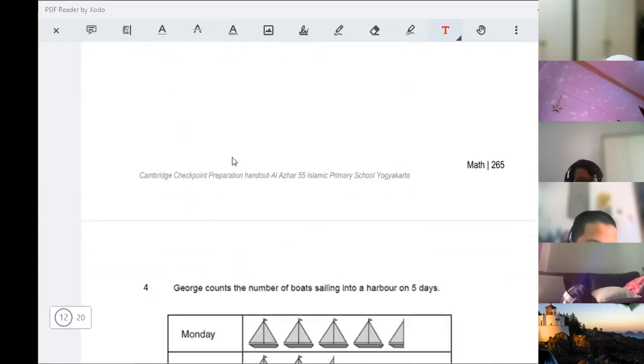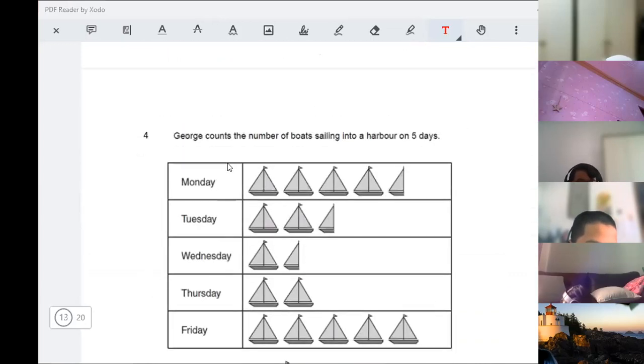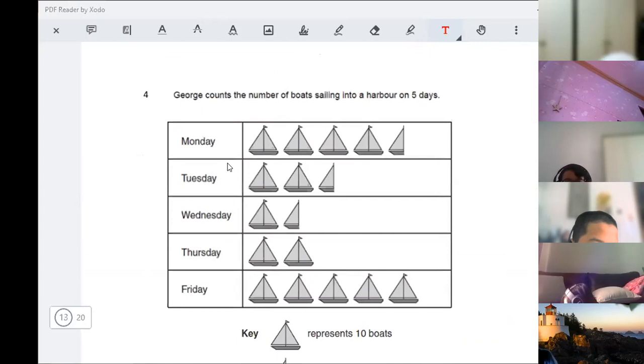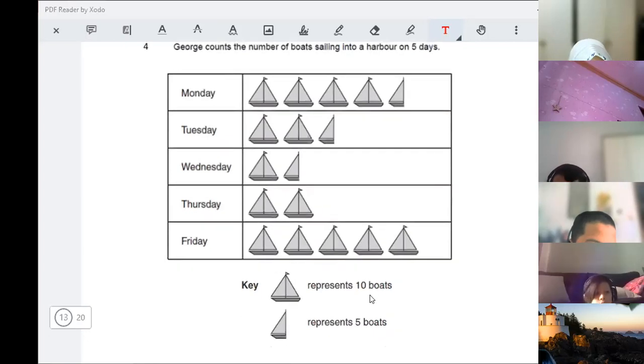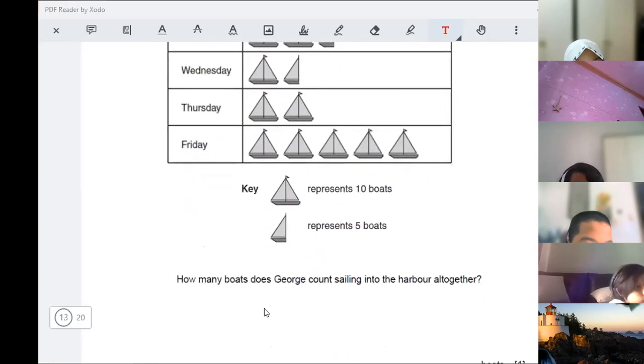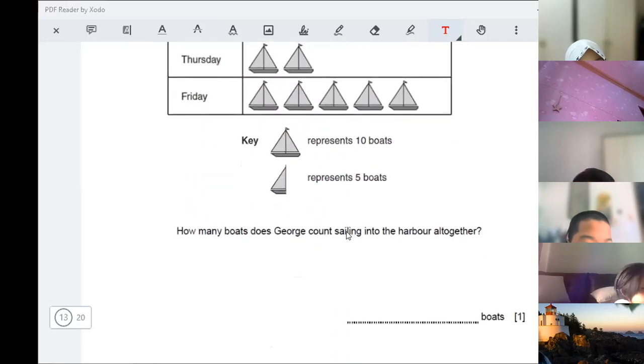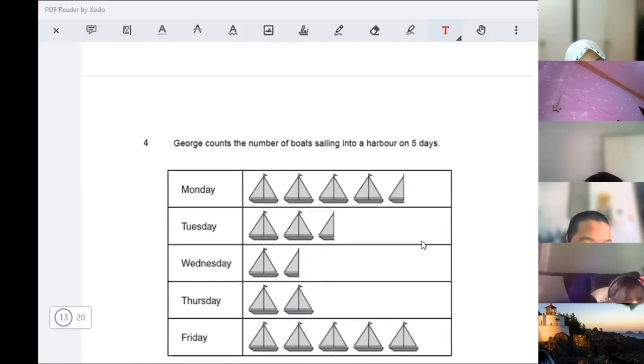Okay, now number 4, class. George counts the number of boats sailing into a harbor on 5 days. Each of these represents 10 boats, and a half represents 5 boats. How many boats does George count sailing into the harbor altogether?